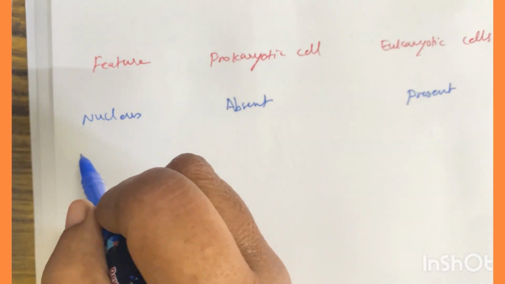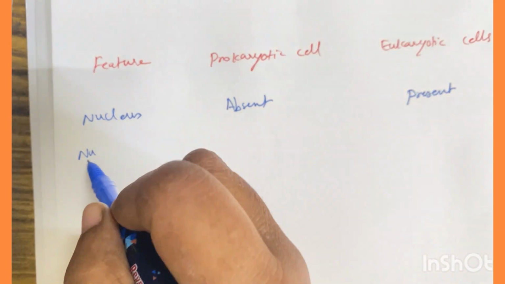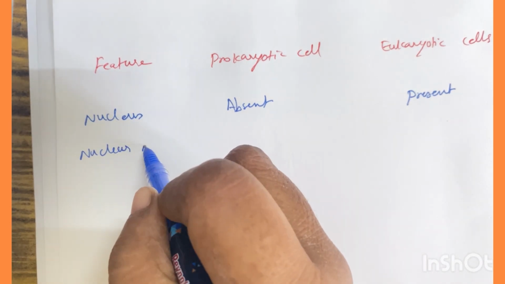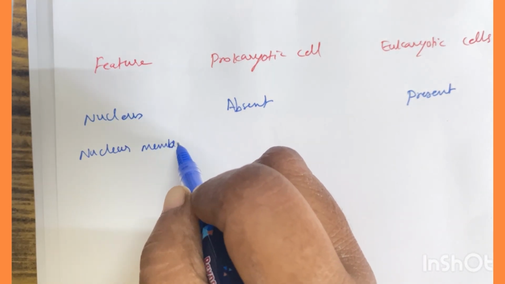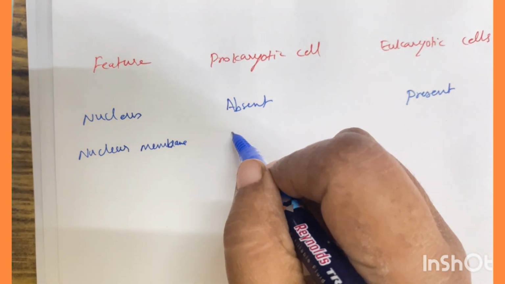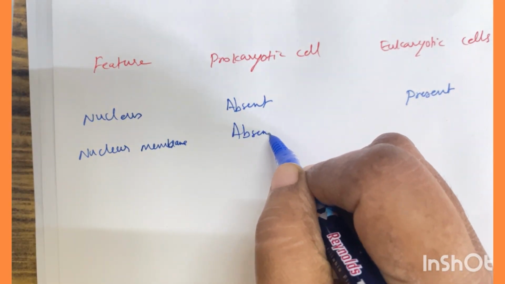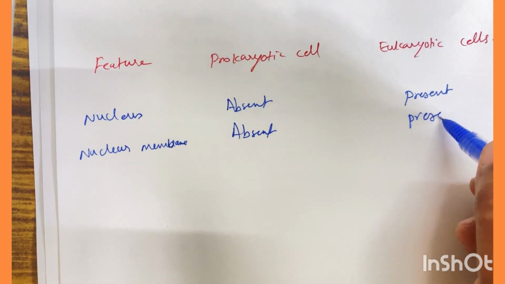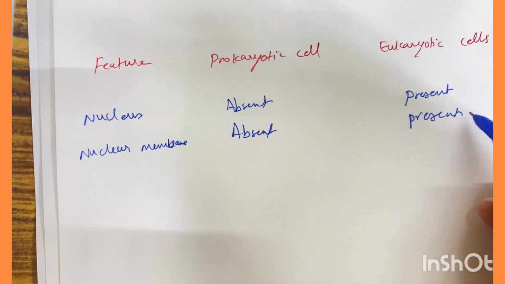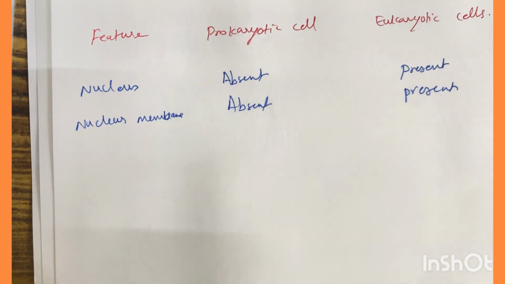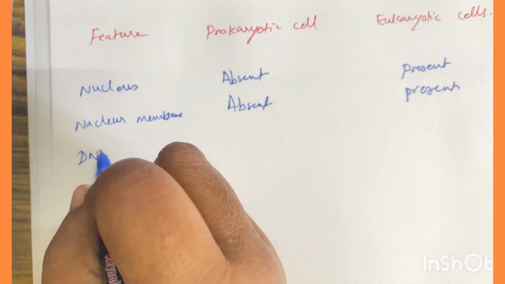Okay, and then nuclear membrane, this is present or absent? This is absent in prokaryotic cell and this is present in eukaryotic cell. Okay, followed by DNA.